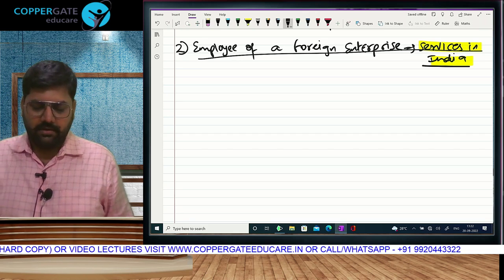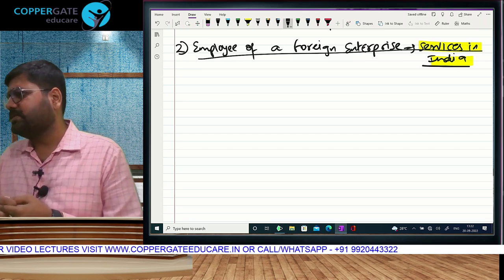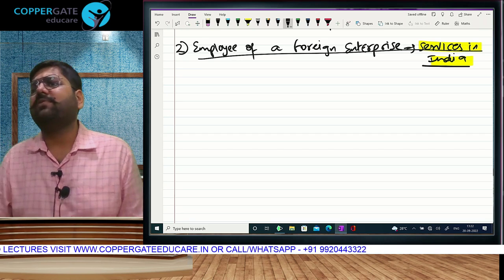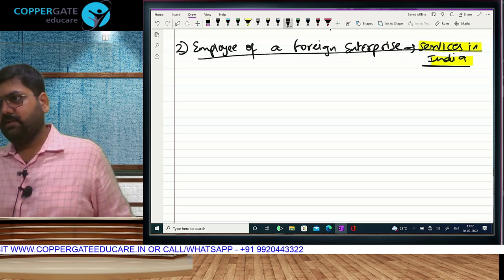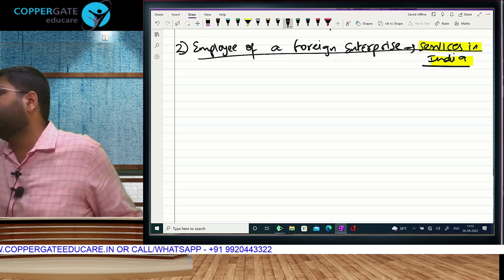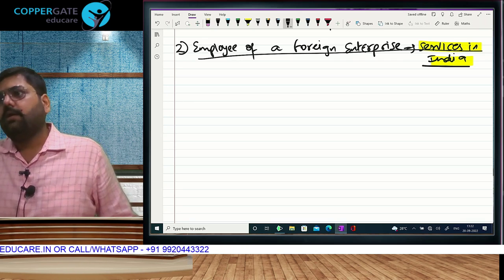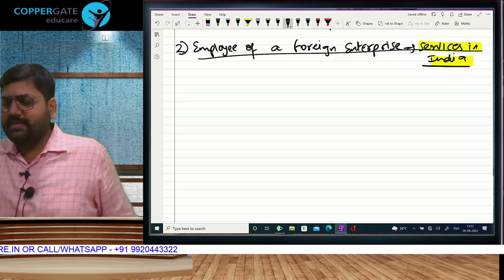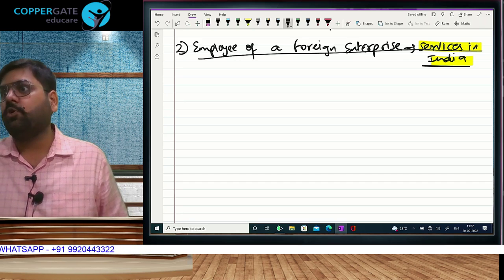In India. Sir, if the enterprise is a foreign enterprise, how can an employee give his services in India? Is it possible? First answer that. Because if it is not possible only, then where is the question of any exemption? Is it possible that employee of foreign enterprise has given his services in India? By the way, he is not a citizen also.